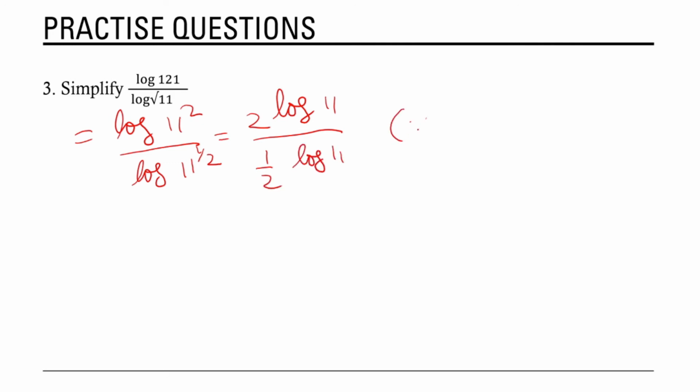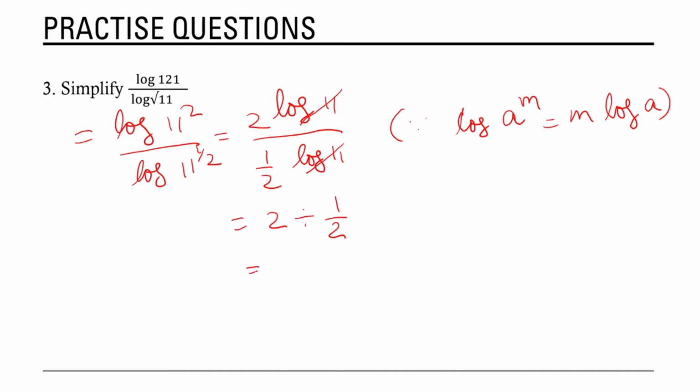Here, so cancelling this log 11 and this log 11, it is equal to 2 divided by 1 by 2.